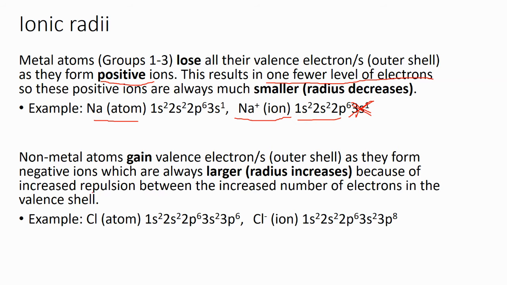Compared with negative ions, like chlorine going to chloride, they gain valence electrons as they form negative ions, and so they're always larger because of the increased repulsion between the increased number of electrons in the valence shell. So for example, the chlorine atom has 3p5, the chloride ion has 3p6. So there are more electrons, but they're in the same shell. So the radius is getting bigger, but with no extra shells, and so there's increased electron-electron repulsion between the increased number of electrons in the valence shell.